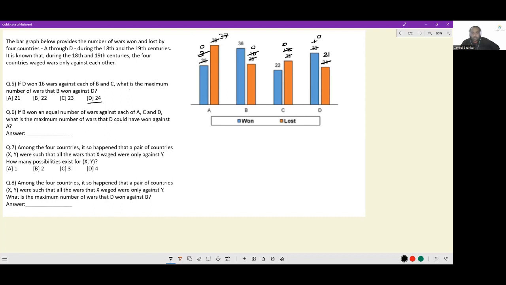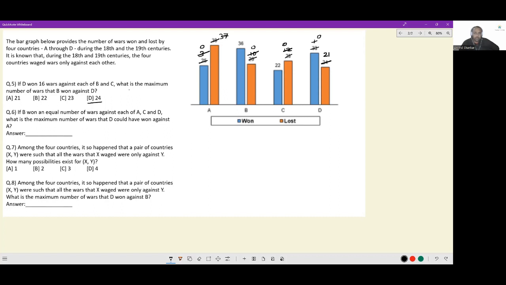Now I need 22 wins of C, and this can only happen in one way. I don't want to disturb losses of D. I don't want to disturb losses of C. It cannot win against itself.